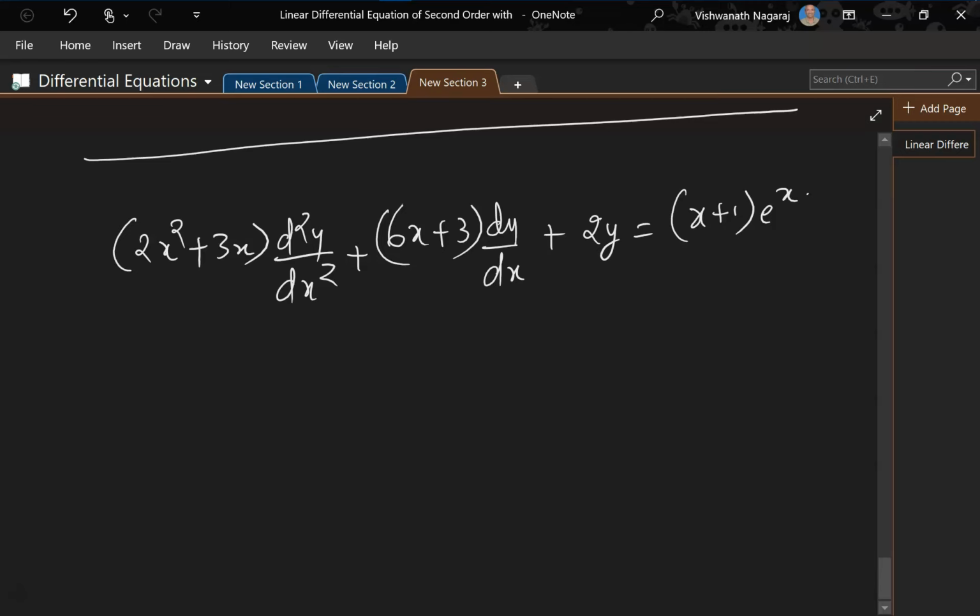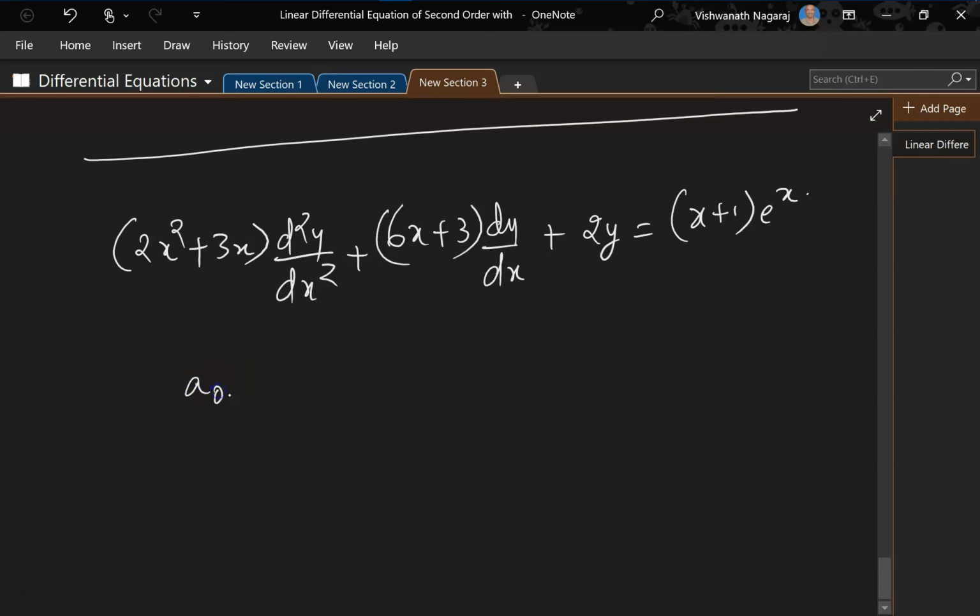Now what we have to do is solve it using exact equation. Which means we have to first check whether it satisfies the condition of exactness.